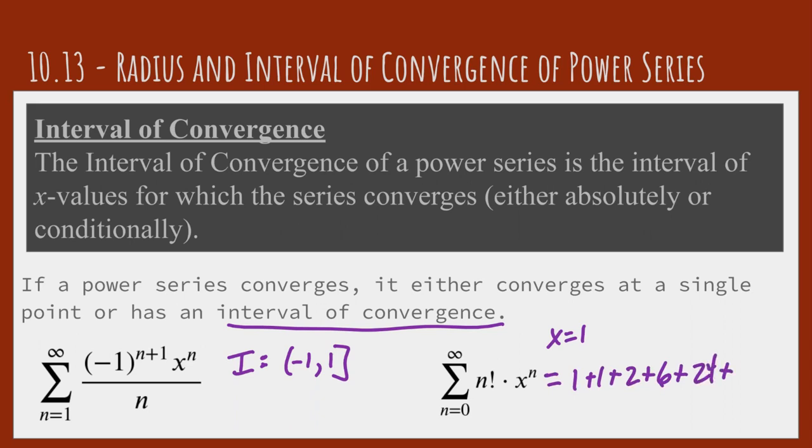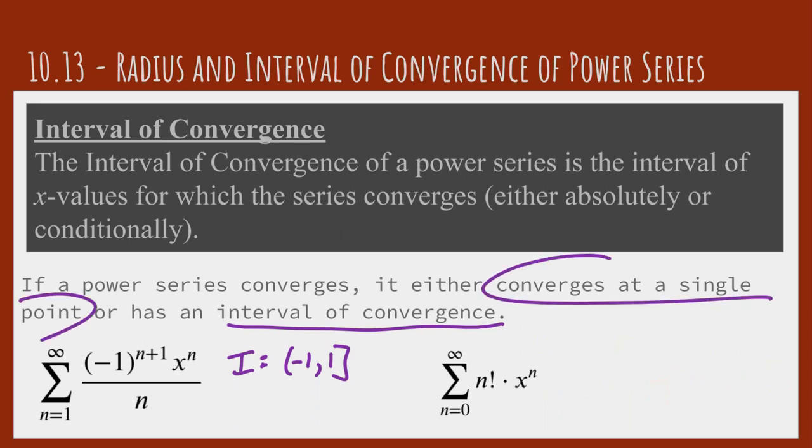What's that going to be? 24, and so on. And you can see we're adding numbers that are getting bigger and bigger, and that's going to diverge. That's going to happen no matter what we put in for x, unless it's x equals 0.